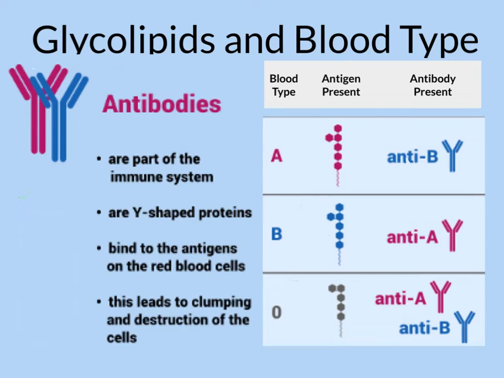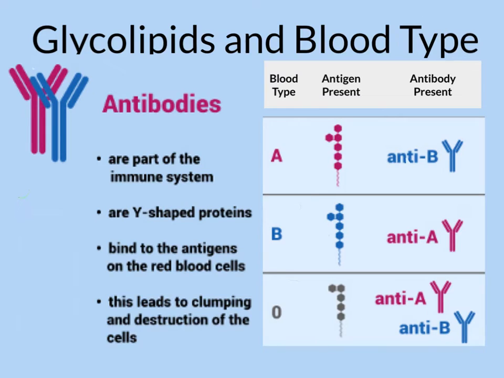When they bind, it causes them to clump up and they'll destroy the cell, so they kill the cell when blood is placed in our body. If we put the wrong type in, it will be attacked by the antibodies, the cells will actually be destroyed, and it'll actually be worse than not having the blood.